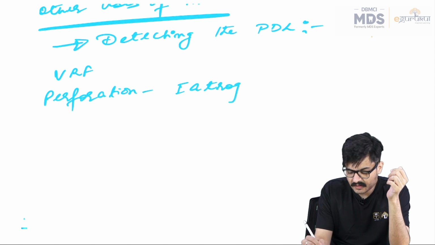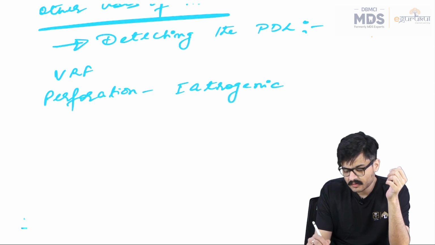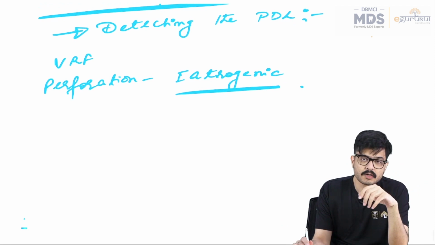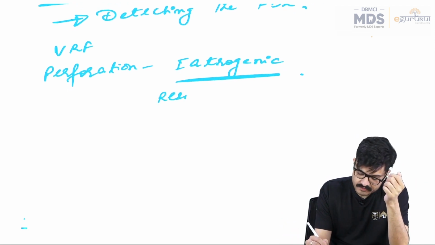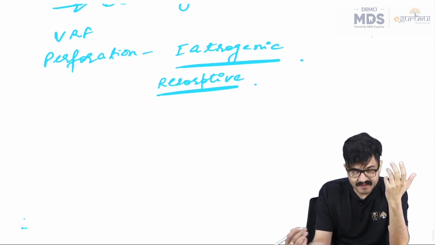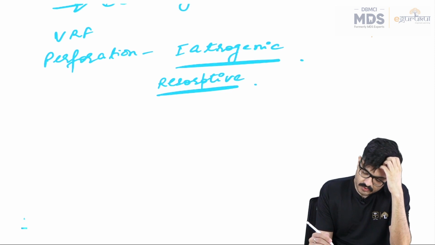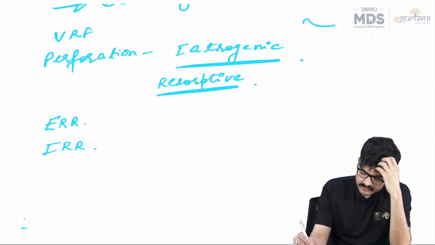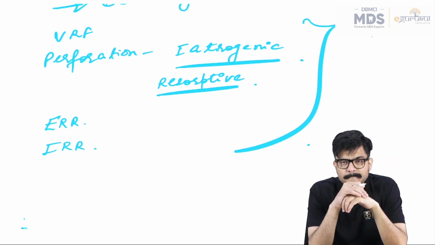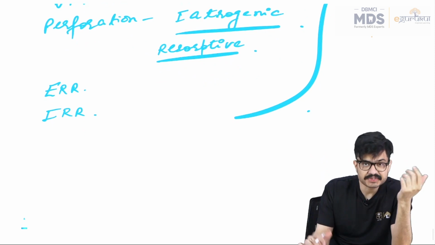That means you have done a perforation while doing access opening or BMP. It can be a resorptive perforation. Right? Then it can diagnose external root resorption. It can diagnose internal root resorption and so on.